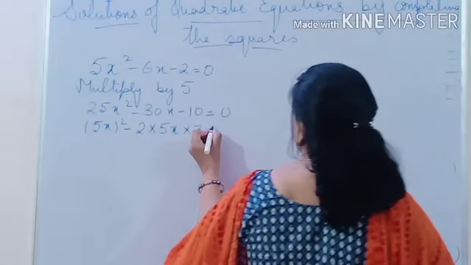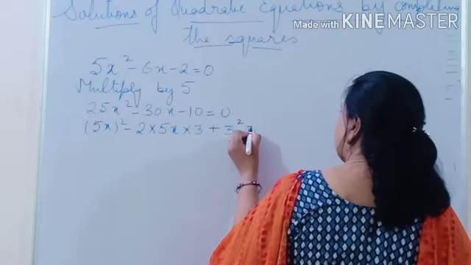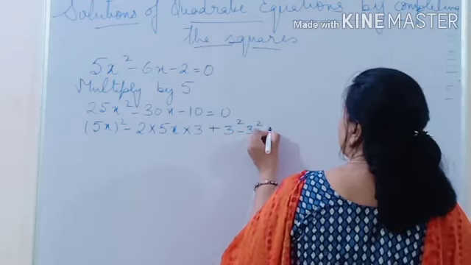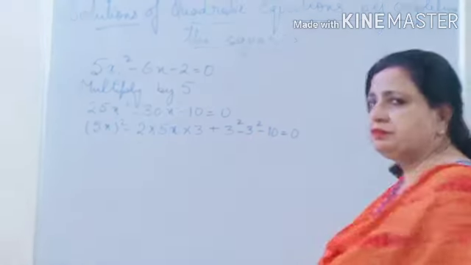Now here we are adding 3 square and subtracting 3 square, minus 10 equal to 0. I'll tell you why we have done this.